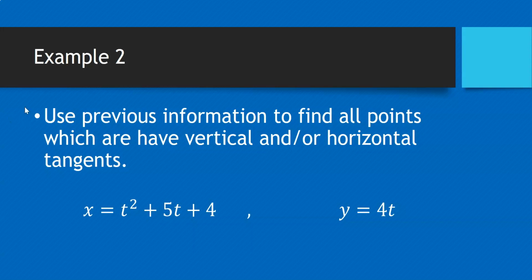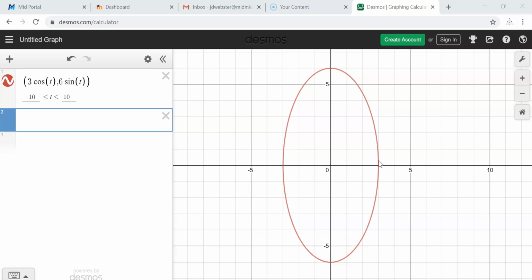Vertical tangents happen when we're at a point where the tangent is straight up and down. Here I have, for instance, an ellipse. This is not the equation of the thing we just dealt with, but it's pretty easily seen on the ellipse that we have a vertical tangent here, vertical tangent here. It's basically when the slope of the tangent line is undefined.